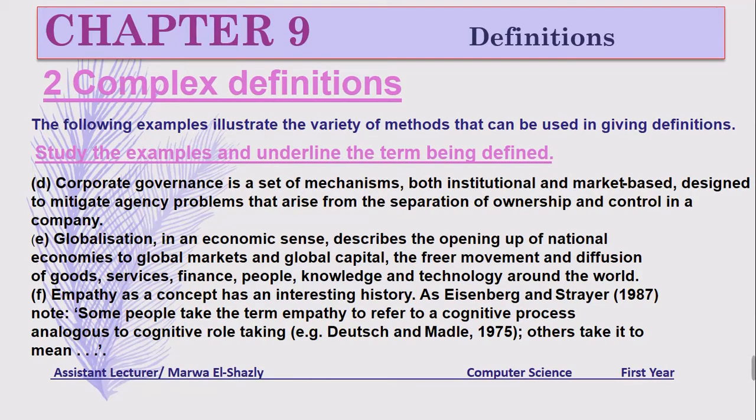So here a set of mechanisms, مجموعة, a group of mechanisms, الميكانيزمز اللي هي institutional متعلقة بالinstitution والmarket عشان تعمل ايه to lessen تقلل to mitigate agency problems لأن في problems هتظهر لو احنا عملنا separation فاصل ما بين ال ownership امتلاك organization أو company أو firm وما بين ال controlling it أو الناس اللي بتقودها فعليا. تمام ما بين الهيئة اللي بتمتلك organization وما بين اللي بتقود فعلا في organization.